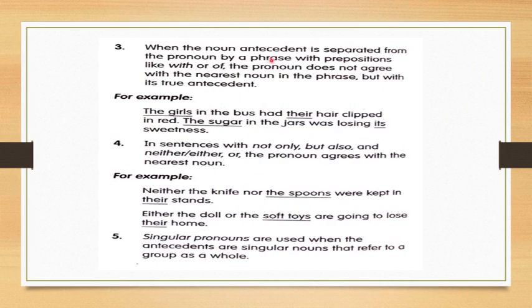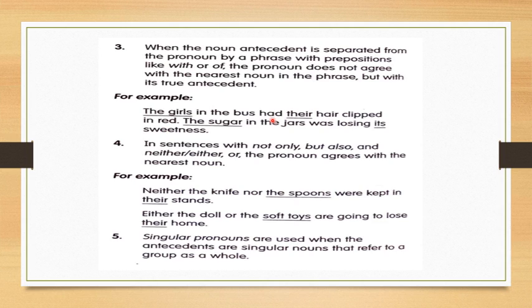Third, when the noun antecedent is separated from the pronoun by a phrase with prepositions like or of, with or of, the pronoun does not agree with the nearest noun in the phrase, but with its true antecedent. Like see, the girls in the bus had their hair clipped in red.